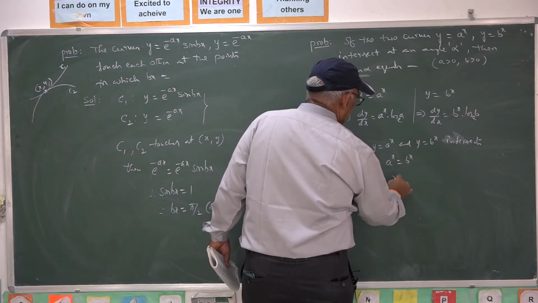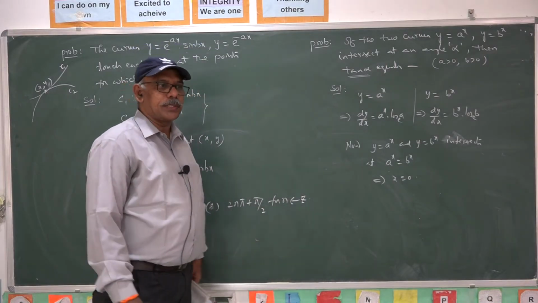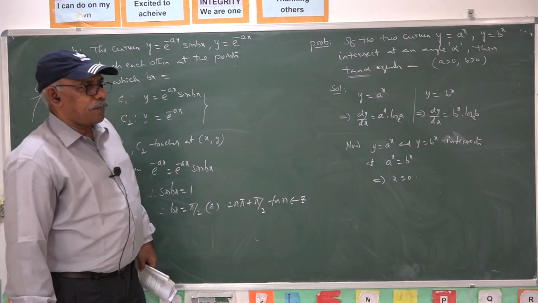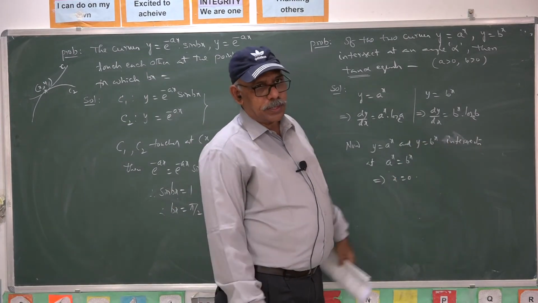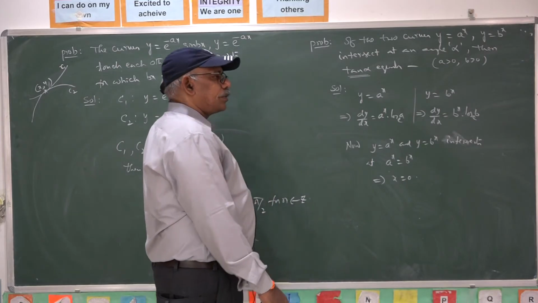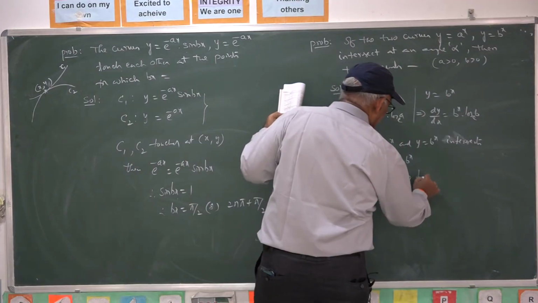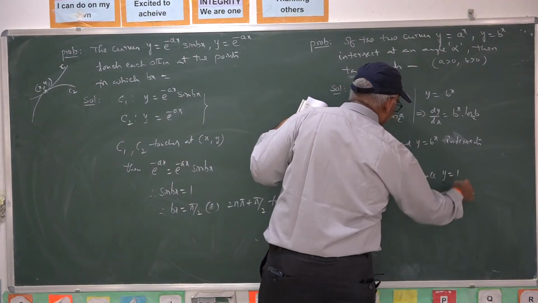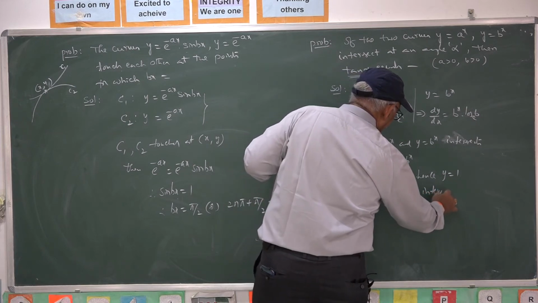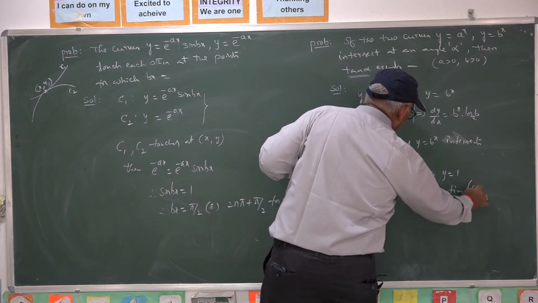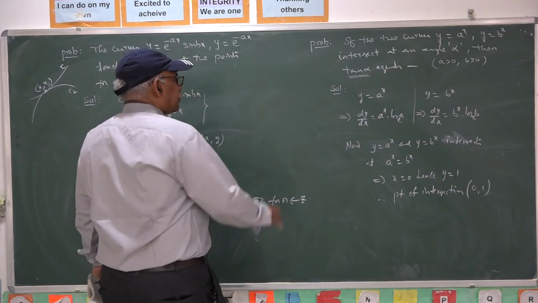That implies x equal to 0. For x equal to 0, the two equations give us the same value. So at x equal to 0, they intersect. Hence y takes the value 1. So the point of intersection is (0, 1). At this point of intersection, we find the slopes.